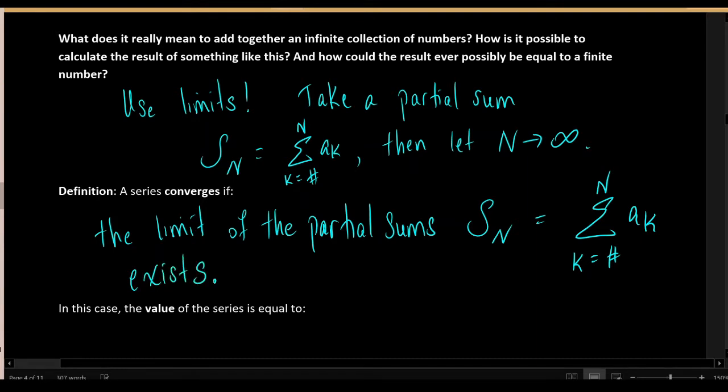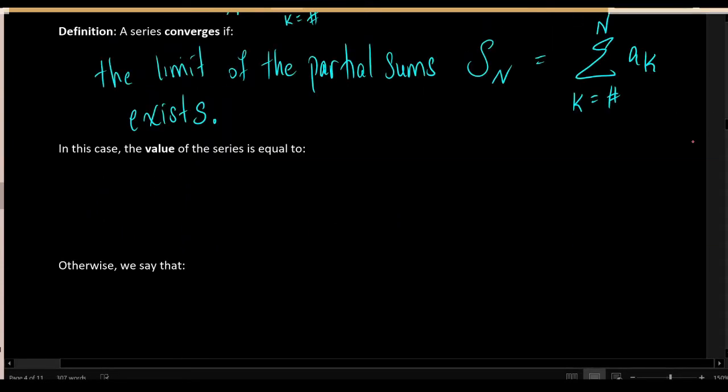In other words, as you keep adding on more and more terms, these finite sums begin to converge on to, approach some fixed finite number, so that as n goes to infinity, and you're ultimately adding up infinitely many terms, the result of that sum is some fixed finite number. And so in that case, we say that the series value is equal to that limit.